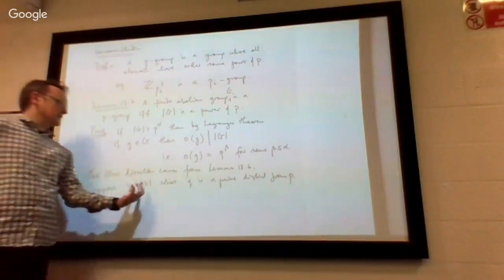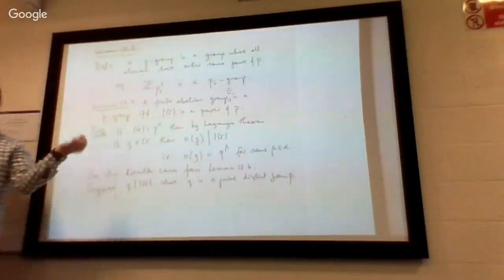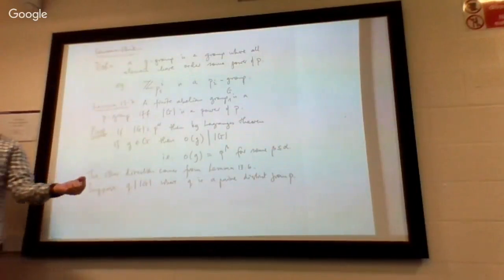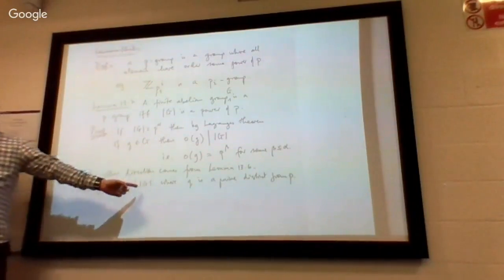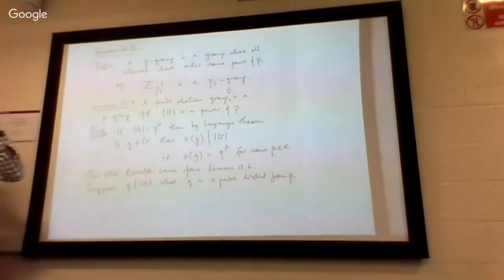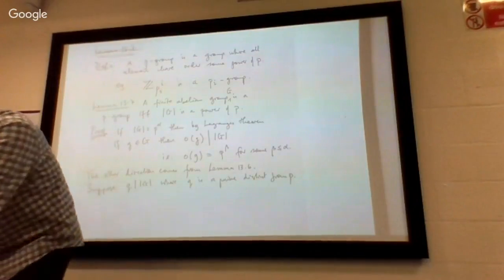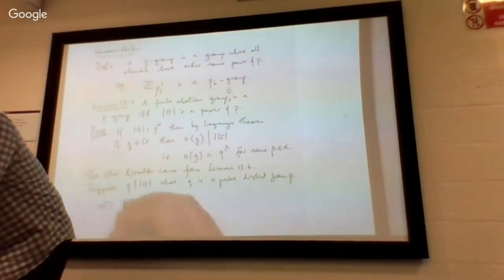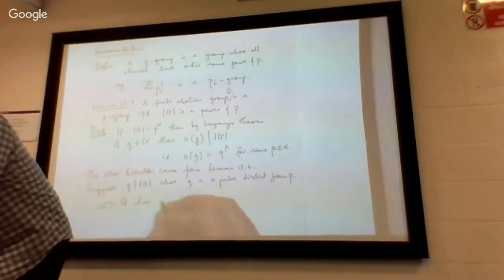So this is basically saying that the order of G is not just a power of p. There's some other prime divisor of the order of G. Well, by lemma 13.6, that implies G has an element of order q.